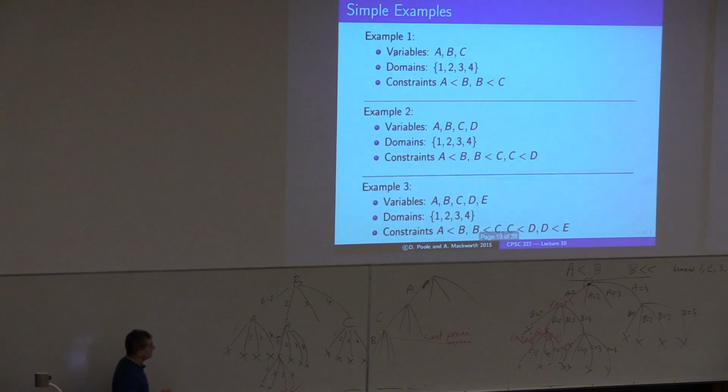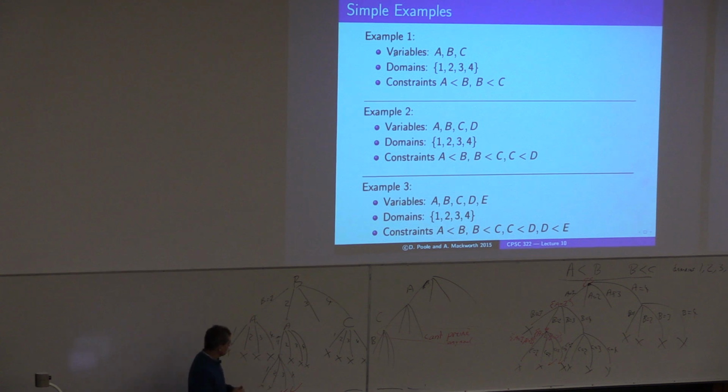What about this example? This last one, A, B, C, D, E. There are no solutions, right? And so the algorithm we've seen so far doesn't actually work so well for 2 and 3 because it keeps splitting these things. Somehow it'd be nice to get an algorithm that's a bit smarter than just branching on these things.